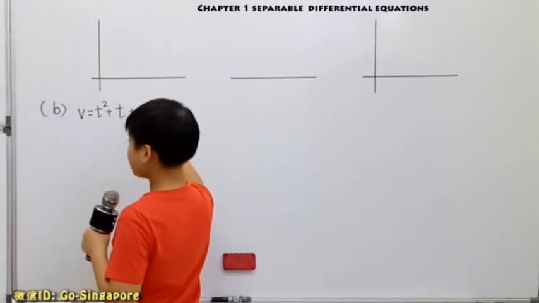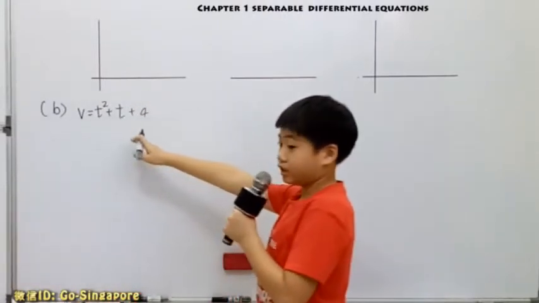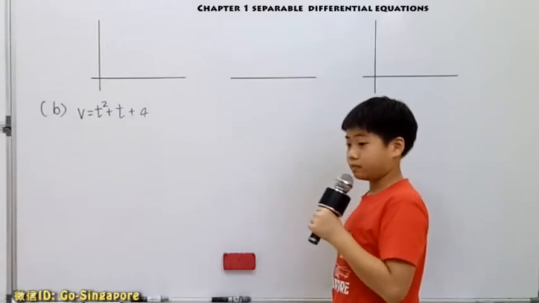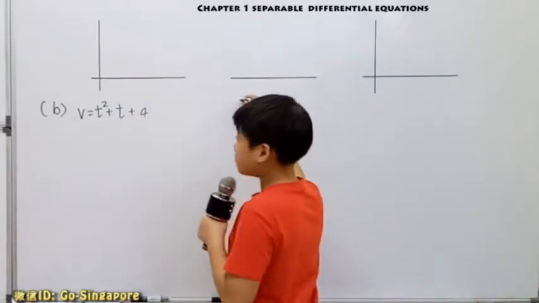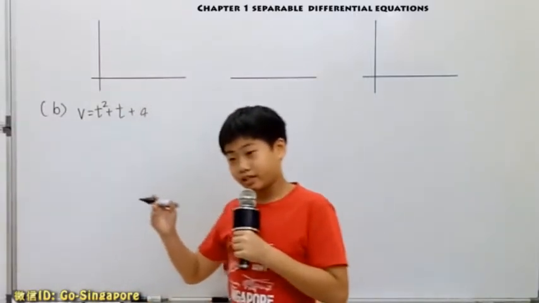As it says here, v is t squared plus t plus 4. First, we need to check, because at some time when it stops, it might go back.